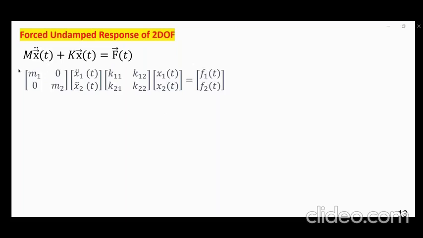Before I move any further, I want to remind you that all the mass matrices that we have used in the last 2 weeks after we started multi-degree of freedom systems were diagonal. So I assume that my mass matrices are diagonal. That may not be the case depending on the choice of the coordinates x1 and x2 that you have.